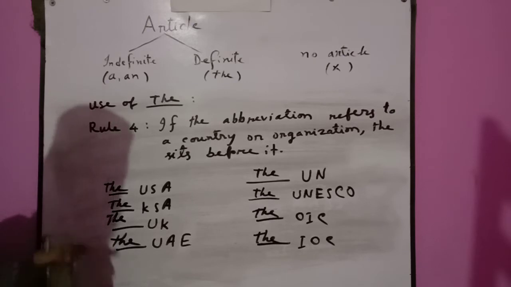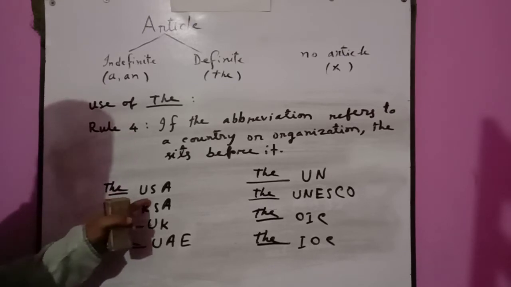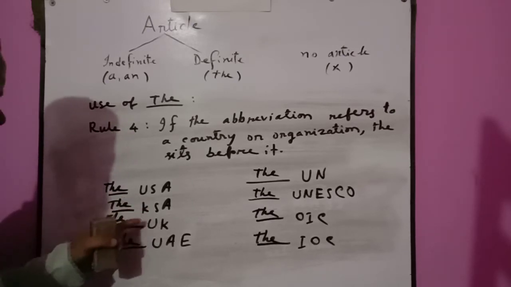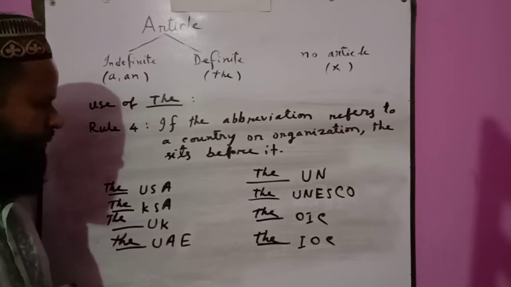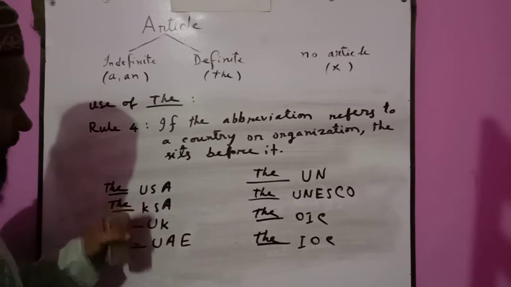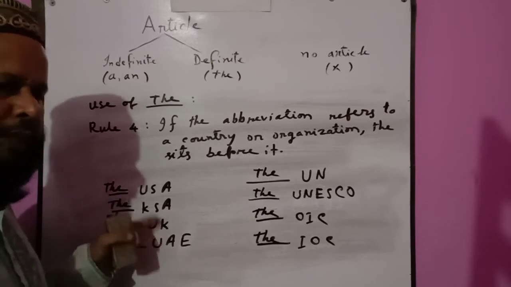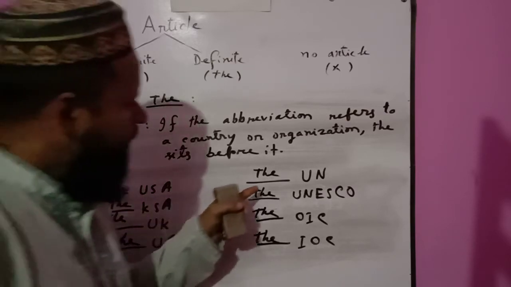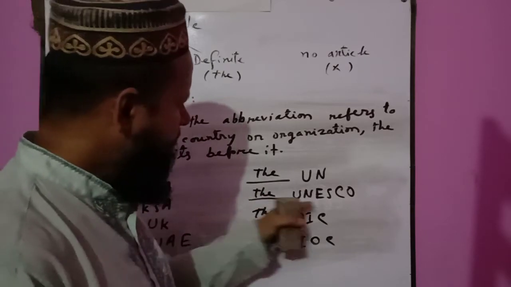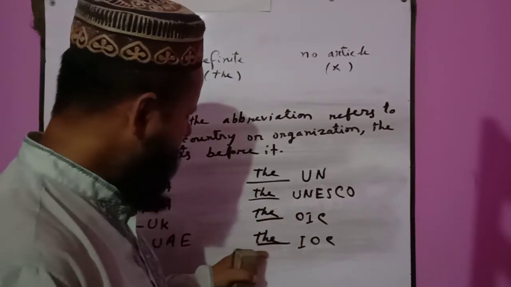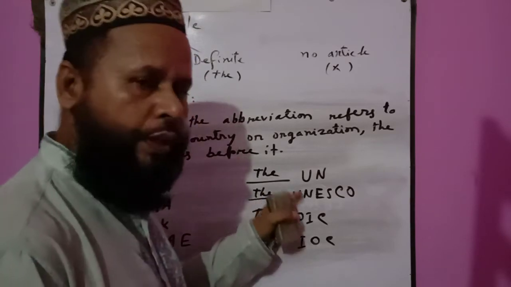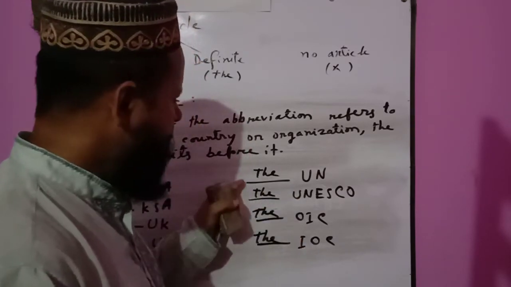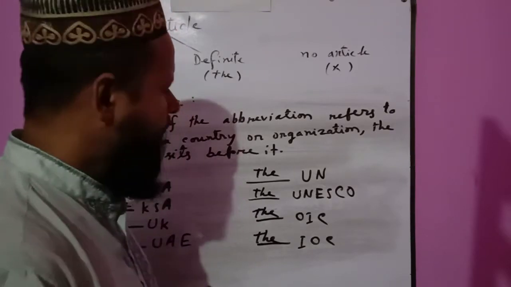Look at the board again. The USA, the KSA, the UK, the UAE. All these are the names of countries. The UN, the UNESCO, the OIC, the IOC. These are organizations. So we use the before abbreviation.